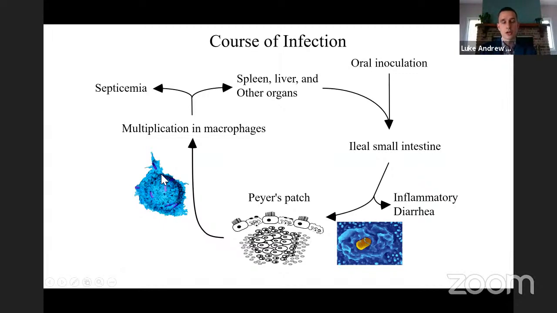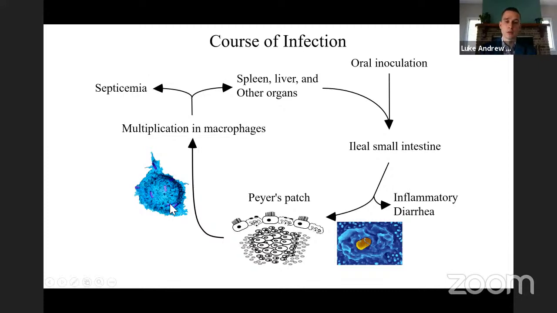At that point, Salmonella resides inside the macrophage where it's actually able to survive. I'll talk more about this interaction on the next few slides, but to finish the course of infection, Salmonella then uses macrophages as a vehicle to be delivered to other organs in the body, including the spleen and liver, and in severe cases will result in septic shock for those hosts.